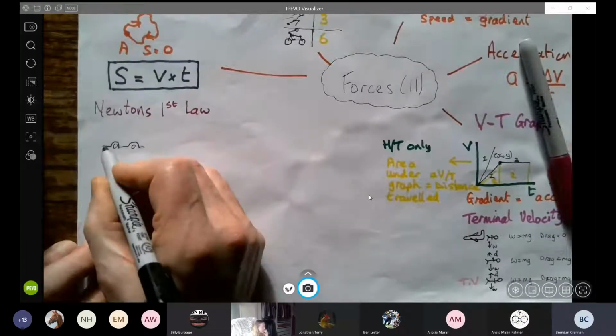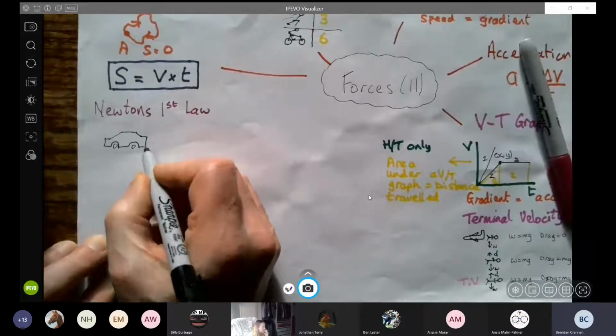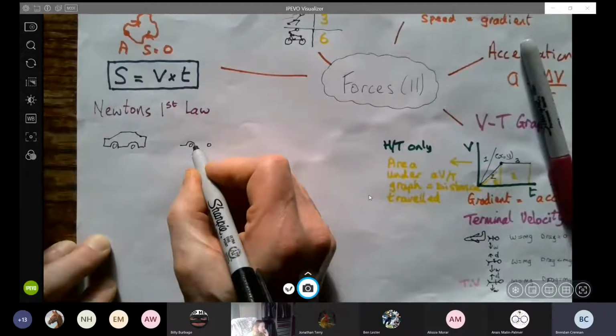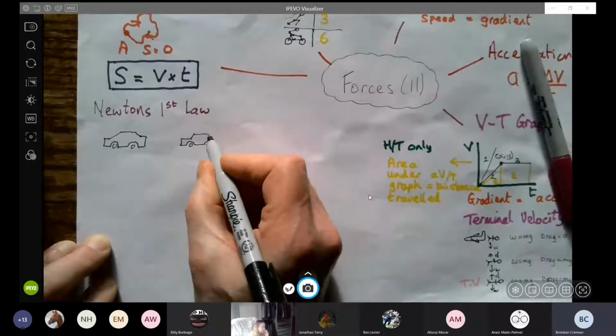So this here, as you can plainly see, is a super duper lovely car. And this is another one beside. We're looking at two situations of an object: when it's stationary, and when it is moving. I'm picking the object to be a car.